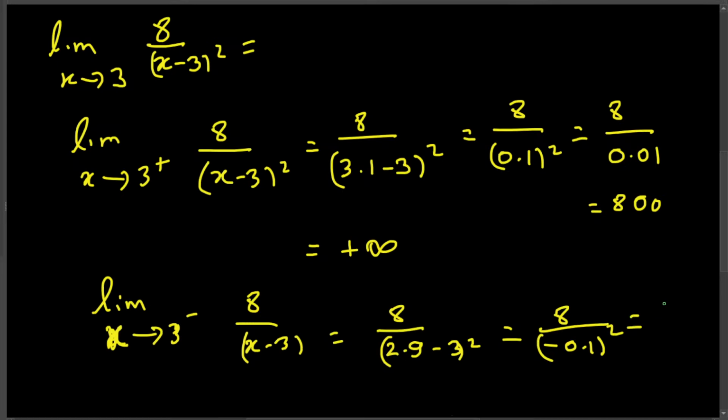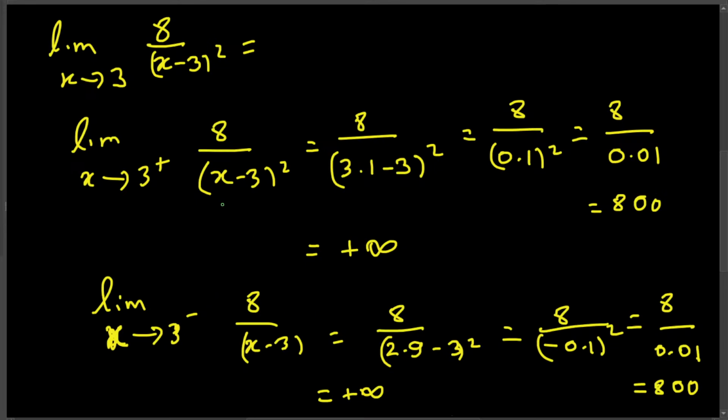And again, you're going to get exactly the same as the one above, 8 over 0.01. So that's going to give us 800. And as you get closer and closer, if you take 2.99, you're going to get 80,000. So when you get closer and closer, the y value reaches infinity. Therefore, the answer is infinity.